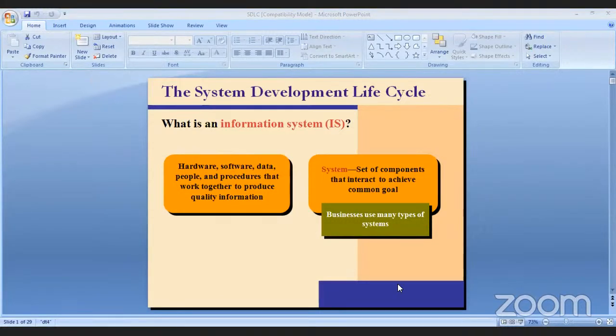Okay. So, we'll start with the SDLC. Today, the Unit 2. Now, what is SDLC?